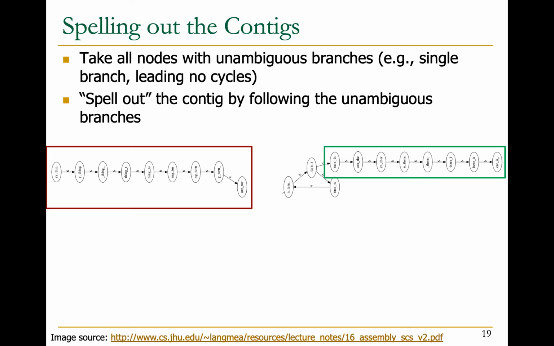And spelling out contigs is mainly starting from the very early node, and then basically following all the overlaps from each node to another one, so that you spell out the strings that are written here based on the overlap information as well.